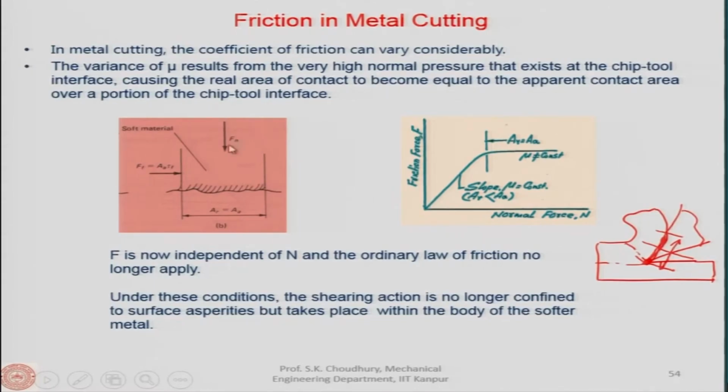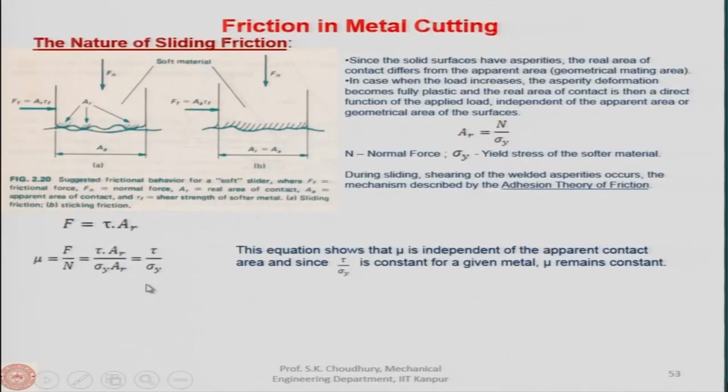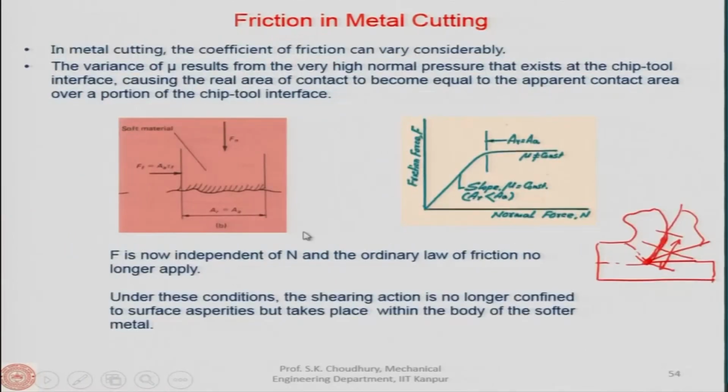Now, the real area of contact is almost equal to the apparent area of contact, and the friction force is A tau F. So here F is now independent of the normal force, and the ordinary law of friction no longer applies. The ordinary law of friction is mu equal to F by N, which is tau by delta y, and this is no longer applicable, because the normal force is very high and the real area of contact is almost equal to the apparent area of contact.